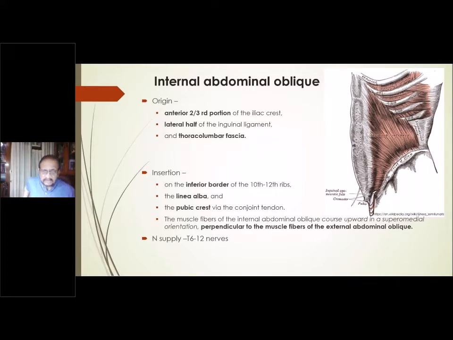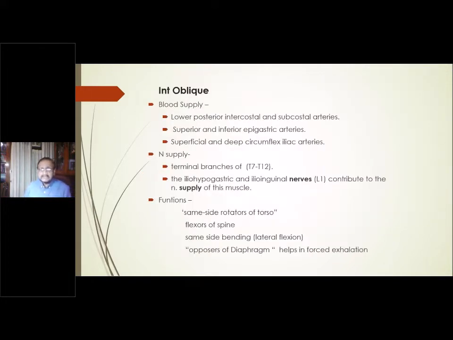The muscle fibers of the internal oblique course upwards, as I said earlier, perpendicular to the external oblique. The nerve supply is from the T6 to T12 nerves, and the blood supply is again from the lower posterior intercostal and subcostal arteries, the superior and inferior epigastric arteries, and the superficial and deep circumflex iliac arteries, and the nerve supply is from the terminal branches of T7 to T12.